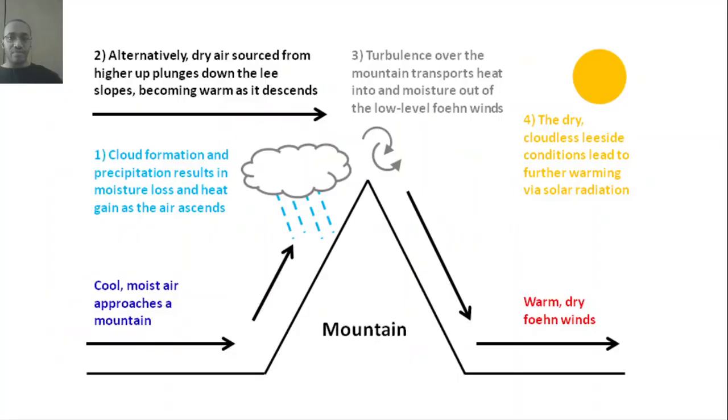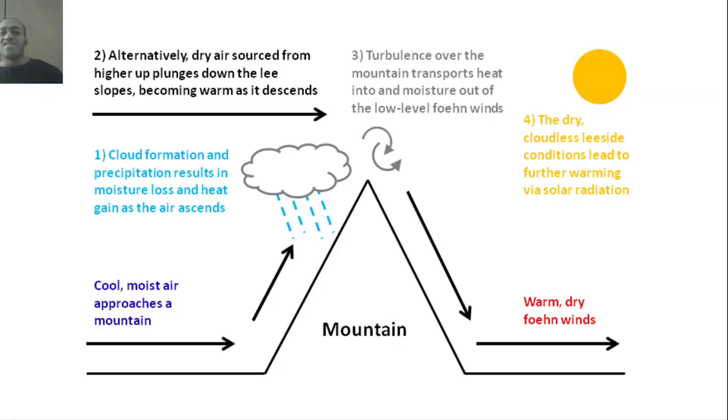So here's a diagram of wind moving along a mountain and then reaching the other side. And so first, as air moves up a mountain, it cools down until it reaches saturation, and then once it's saturated, it releases latent heat. So typically at the top of a mountain, you'll see clouds appear, and this is because of that latent heat release.